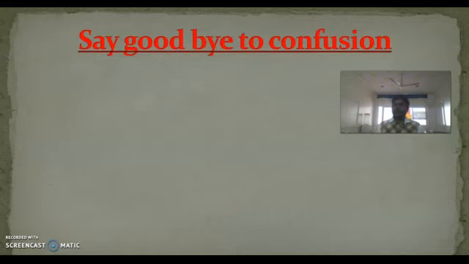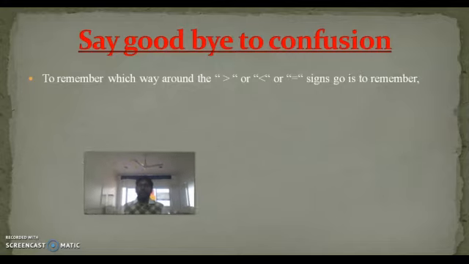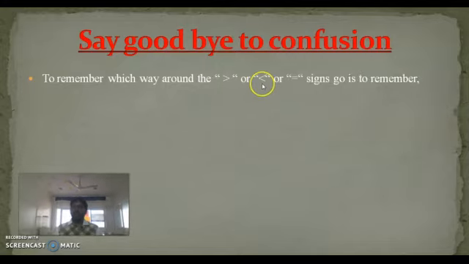So now a small task. Say goodbye to your confusion. The way to remember which way around the greater than, less than or equal signs go is this: see, big greater than small means the pointer always looks to the smaller direction.